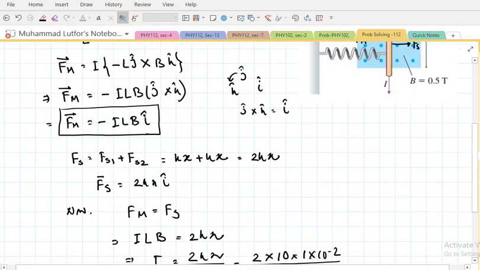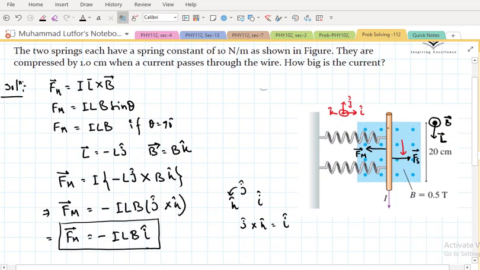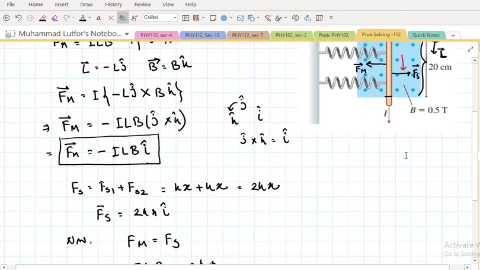The length of this wire would be basically the length of this magnetic field, because this is the effective length, which is the length of this magnetic field region. Although the length of the wire is not given, we can consider this will be the effective length of the wire, which is 20 centimeter.